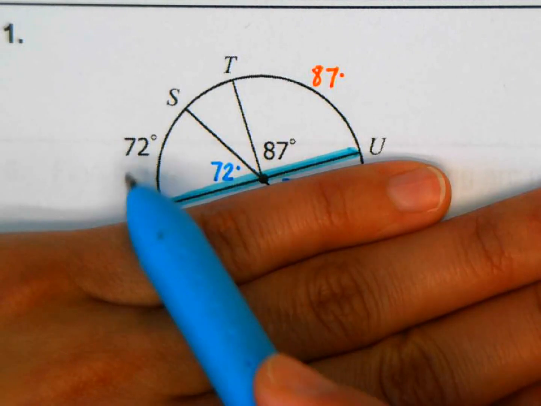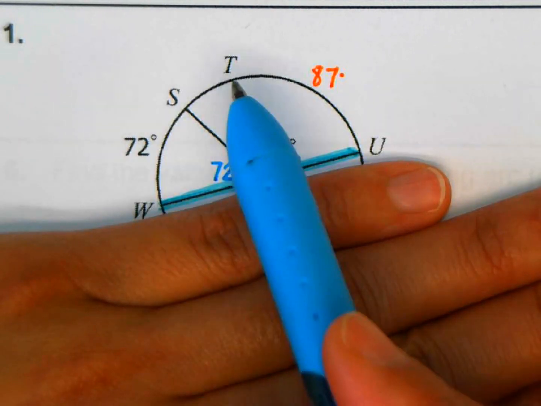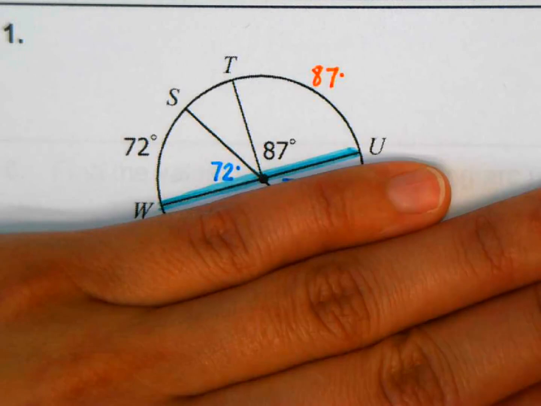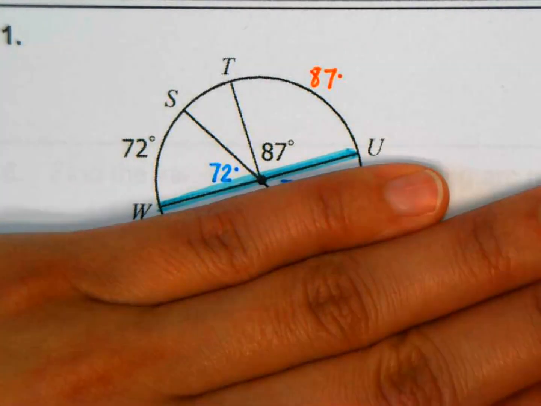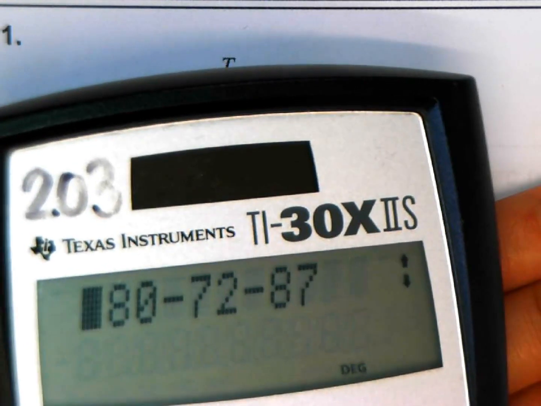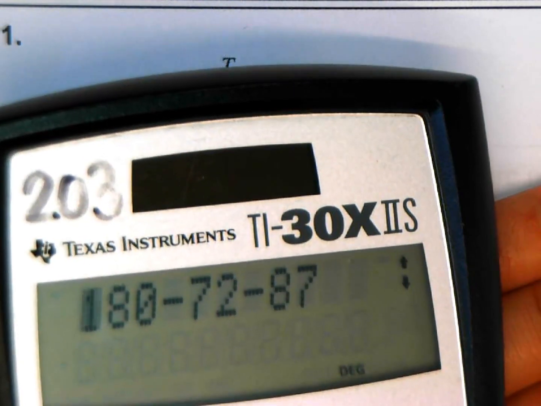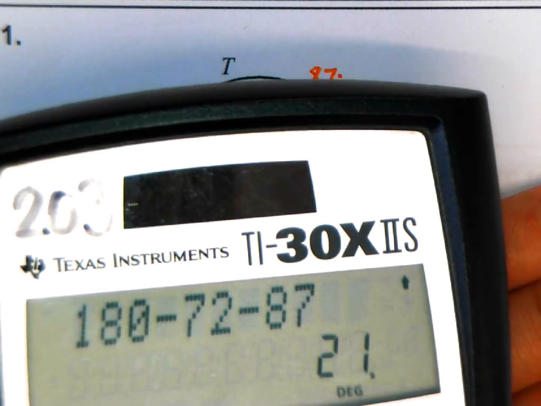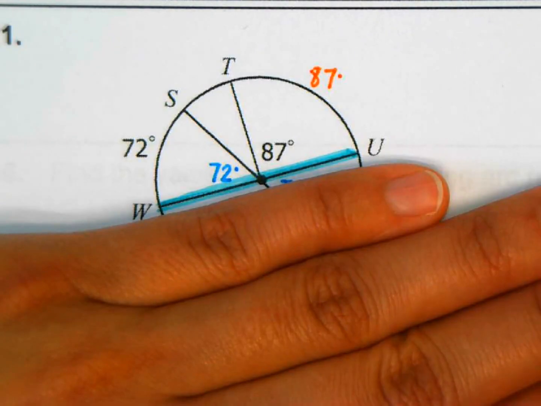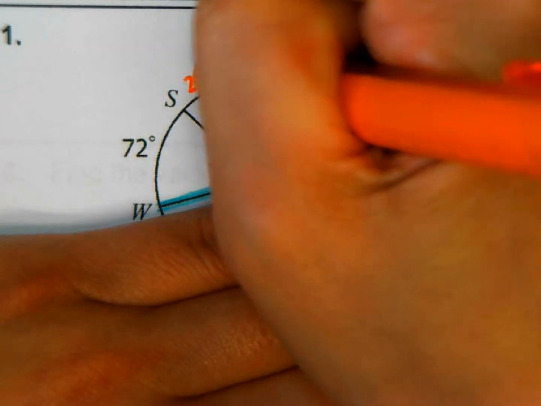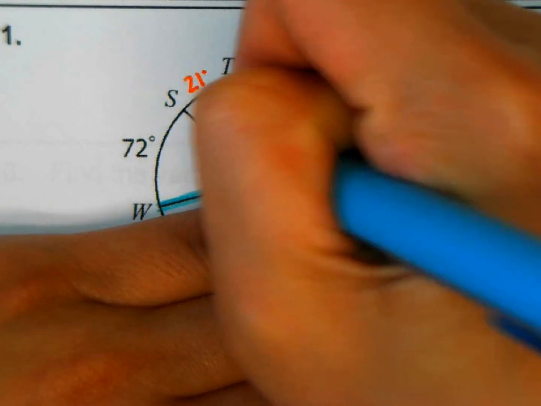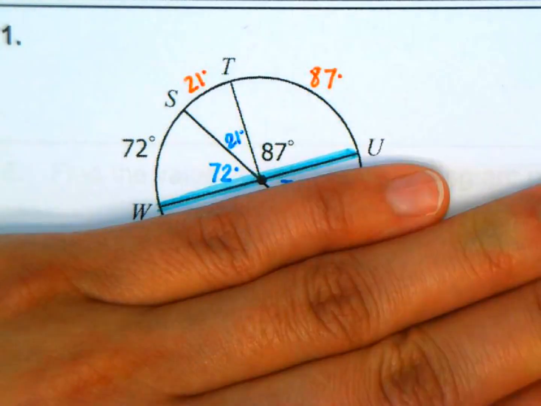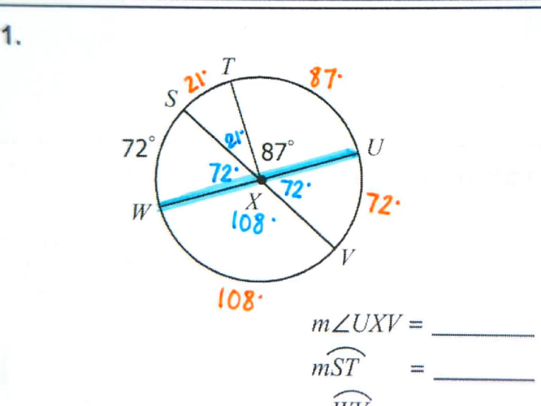So if I take away 72 and 87 from 180, in your calculator you would literally do 180 minus 72 minus 87, and you get 21. That means this arc is 21 degrees, and its central angle is also 21 degrees.